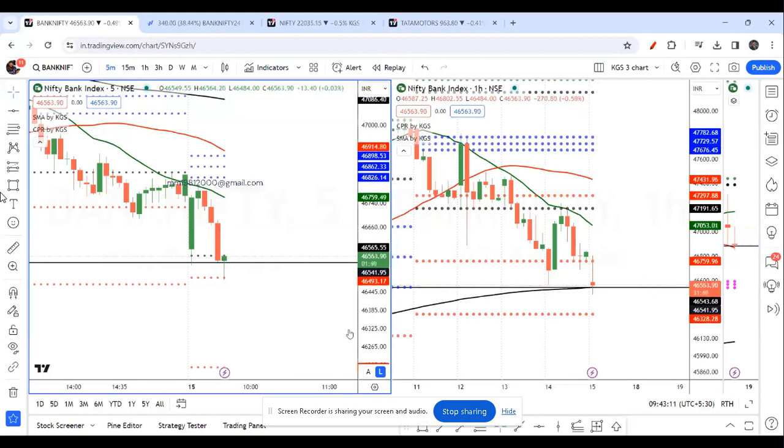Online participants, if the candle has to go up or if the candle has to come down, whose help is needed? 200 support. Sir, 20. So if the candle has to go up or if the candle has to come down, whose help is needed?